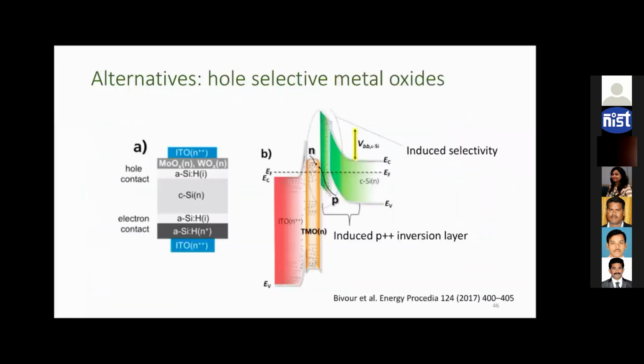So let us take another example. In this particular example, the p-doped amorphous silicon is replaced by hole selective molybdenum oxide or tungsten oxide.